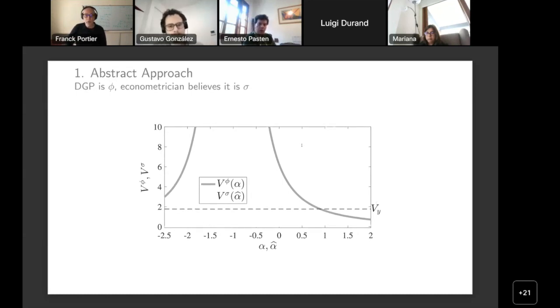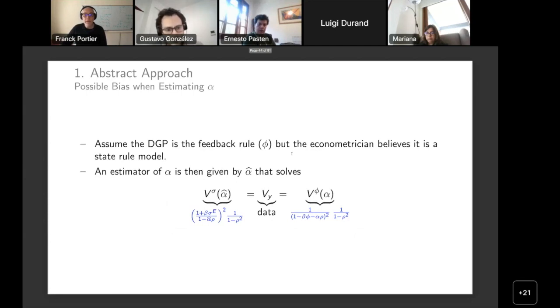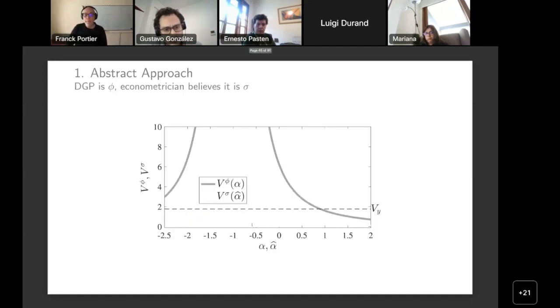You see that for alpha equal to 1 over rho, it's infinite. Now I know that the variance of y is generated somewhere on that line, and I know that the value of alpha is 0.9, so that's what I observe. Of course, it's equal to this because the variance of y has been generated by this model.